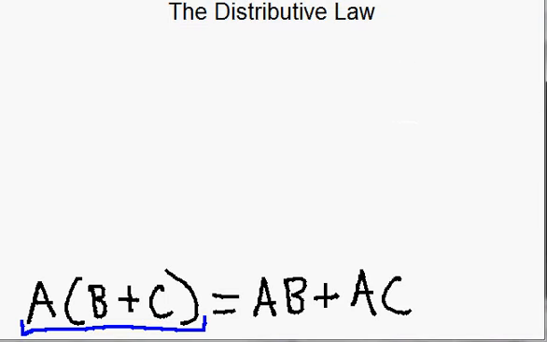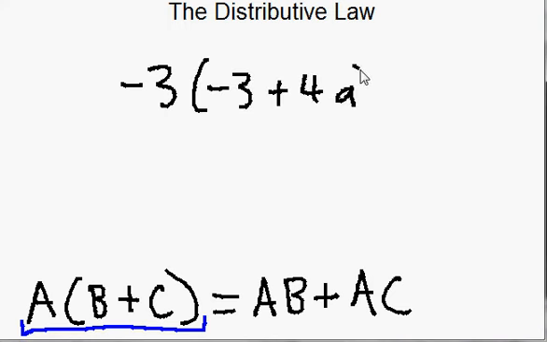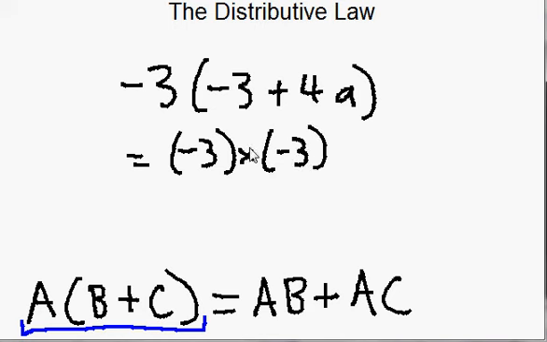And one final example. Let's try negative 3 times negative 3 plus 4a. Okay, so negative 3, it's just good to keep things in parentheses and multiply carefully until you get the hang of it. So we have negative 3 times negative 3 plus negative 3 times 4a.